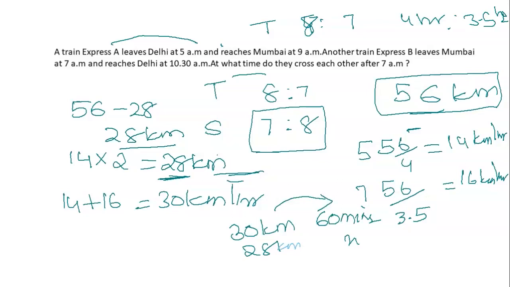For 28 kilometers it takes 56 minutes. Correct. So our answer is going to be what? 7, after that 56 minutes. Your answer is 7:56. Then they meet. The distance is something we are assuming on our own. So the answer is 7:56. Am I clear?